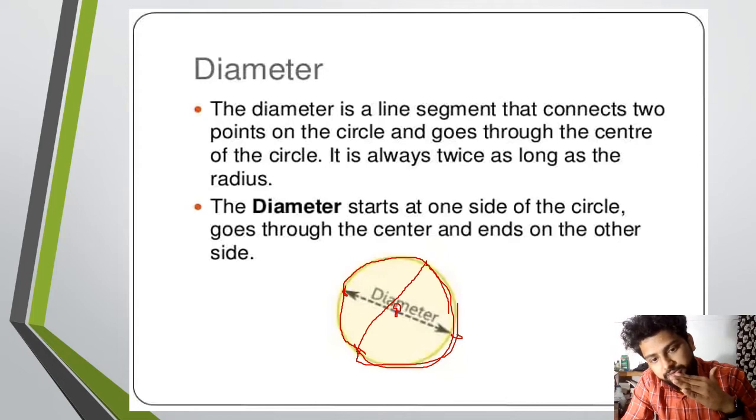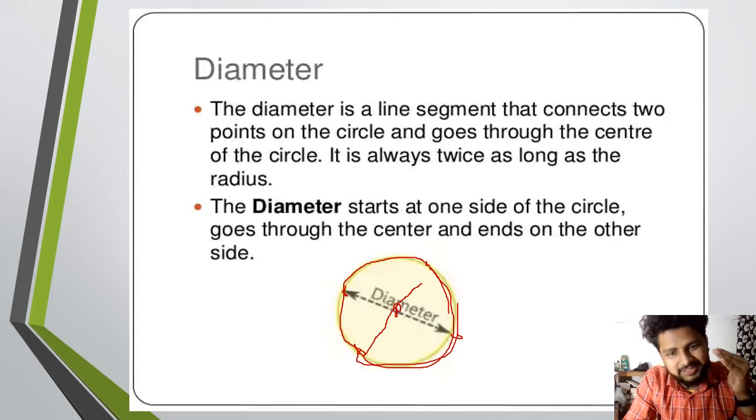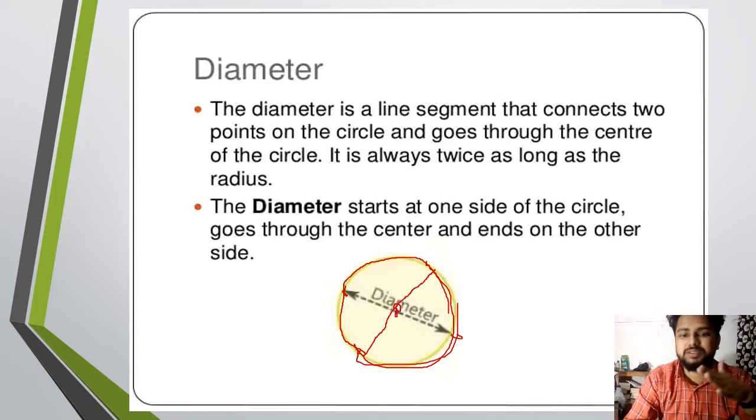I mean, here is you, passing through you. It cuts you or joins the other side, just like this, passing through you. This line and this line, both lines are called the diameter of the circle.